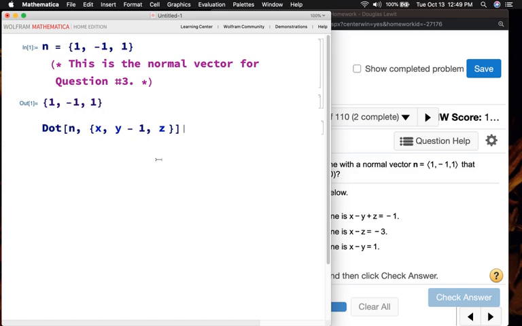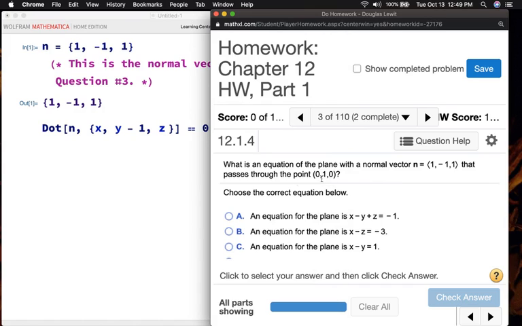And remember, that's going to be equal to 0 because the dot product of two orthogonal vectors has to be 0. So x, y minus 1, z is going to be any vector in the plane whose tail is at this point.